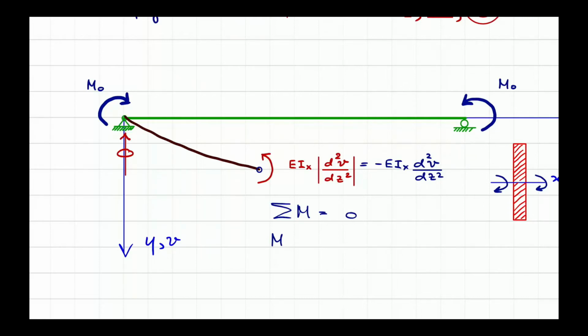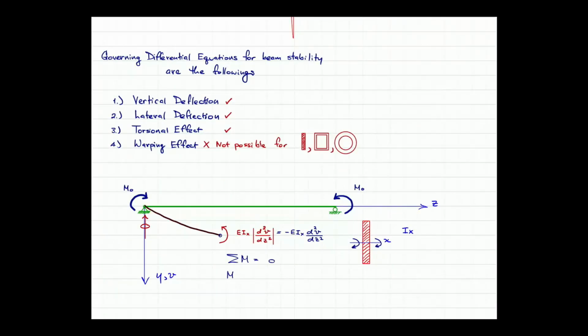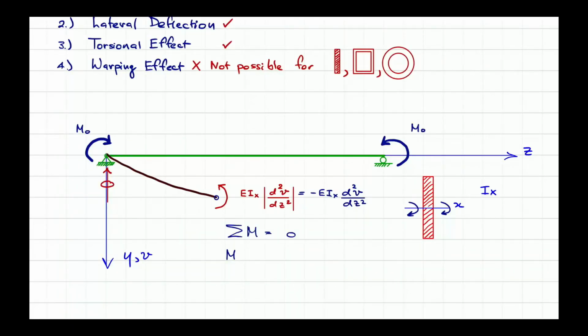If you do, then you will not get equilibrium. So you cannot have reactions if you apply just moment on both sides, of which the magnitudes are identical but the directions are opposite.